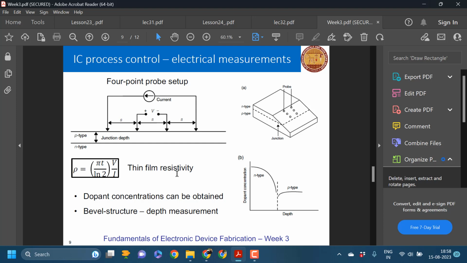Can anybody give me some general answers as to why we require IC process control? Like why do we need IC process control and what is IC process control basically?